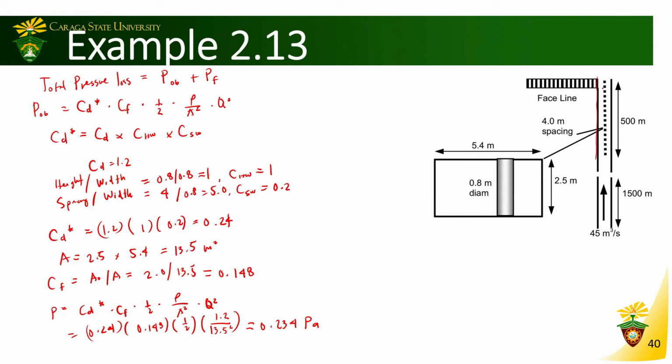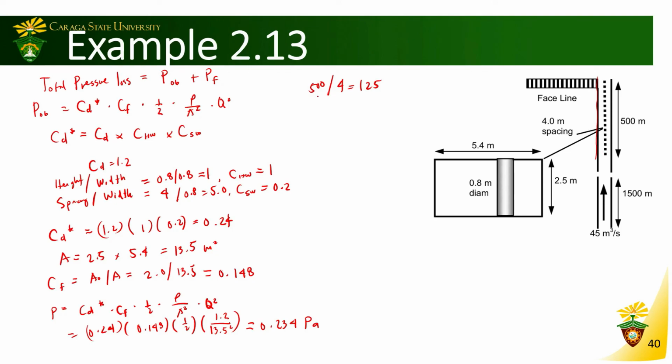So for a 500 meter length tunnel, how many posts are there? The number of pipes required, with 500 meters length and a spacing of 4 meters, gives us 125 pipes.